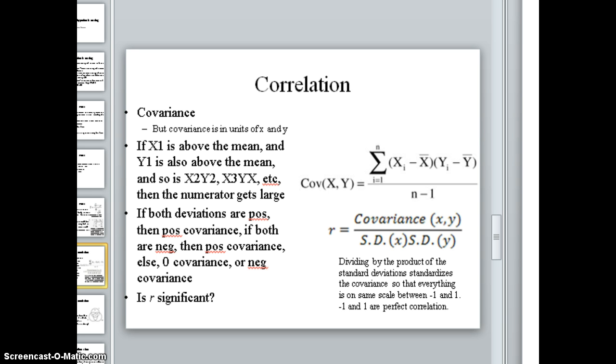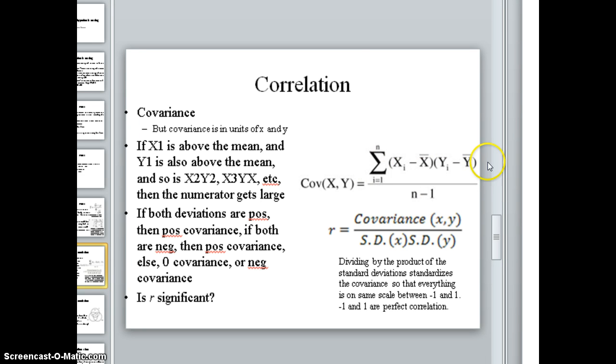If we look at the formula for covariance, let's just look at the numerator here to start. We can see that if the difference between x sub i, any individual score, and the mean of x is large and positive, and if the difference between any individual y score and the mean of y is large and positive, then the numerator will also be large and positive.